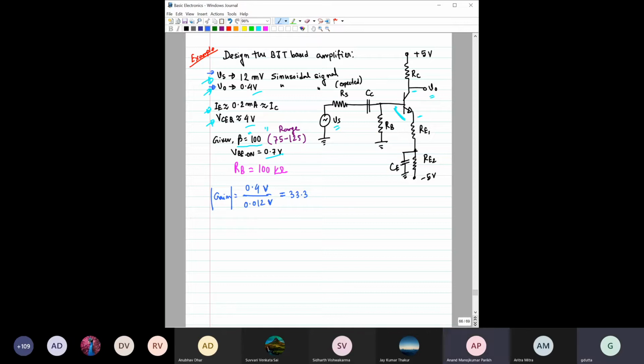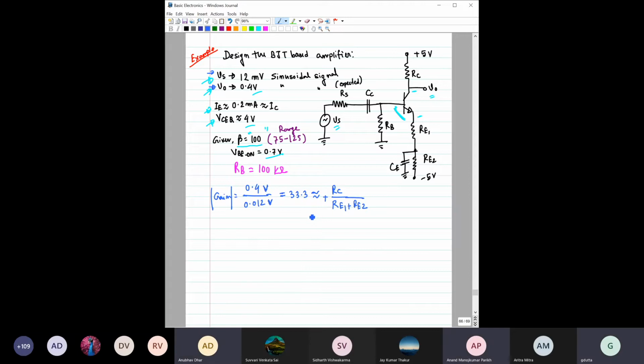So this value, from the last analysis, can be given by RC by RE. Am I right? Here we are writing only the mod. Shouldn't it be only RE1?